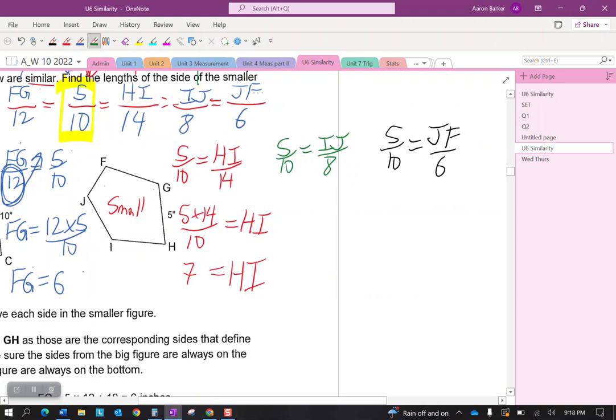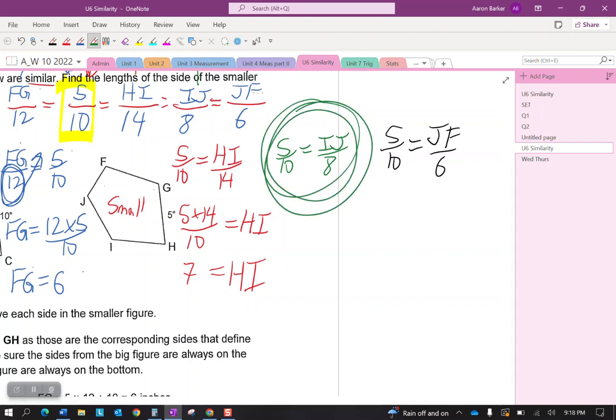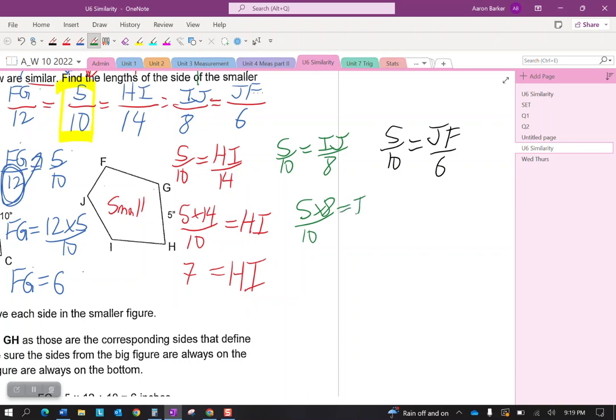So let's double check the green one. Go ahead and solve it. Do this one on your own. Okay, so instead of dividing by 8, you bring it up and you multiply by 8 when you cross the equal sign.